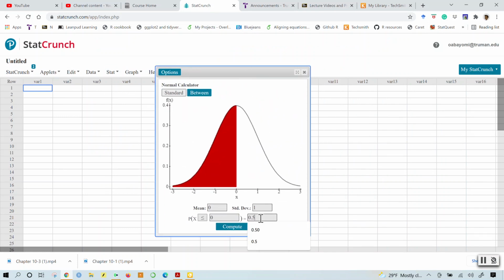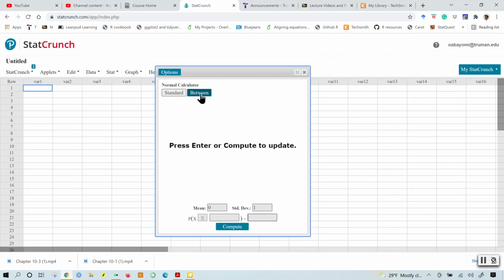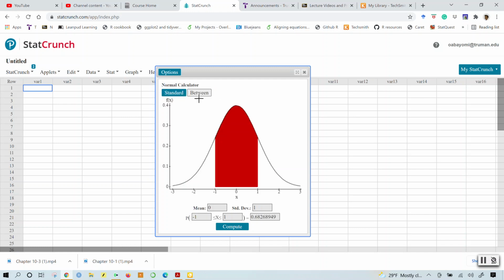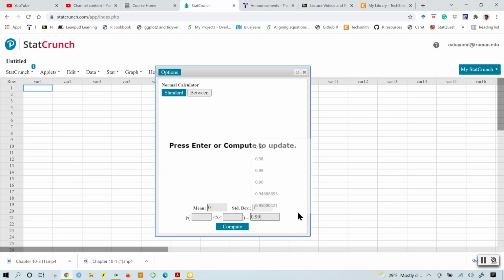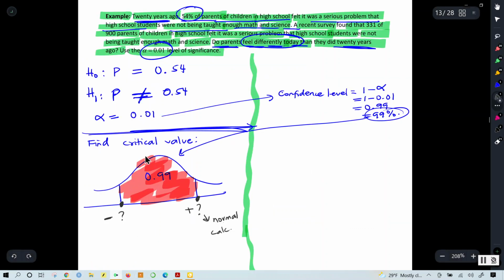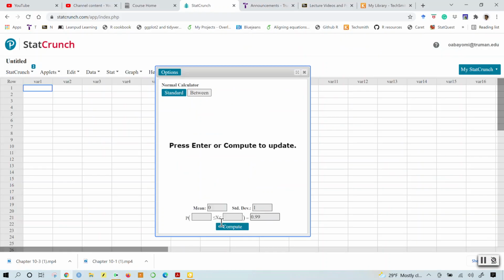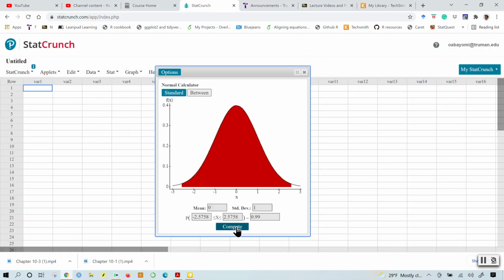All I need to change is, first of all, I want to change the interface. So make sure you click on between first, and then change this to 0.99. If this is 0.99, where did the 0.99 come from? Back to the question. That is your 99% confidence interval. And in this case, what you want is to compute this.